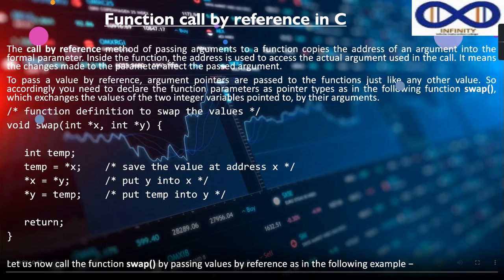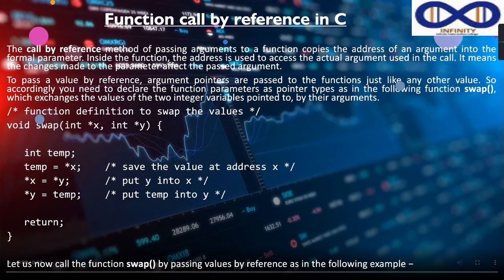So this is the syntax. Function declaration for swapping the values: void swap(int *x, int *y), closing of the bracket and opening of the braces. So int temp = *x.